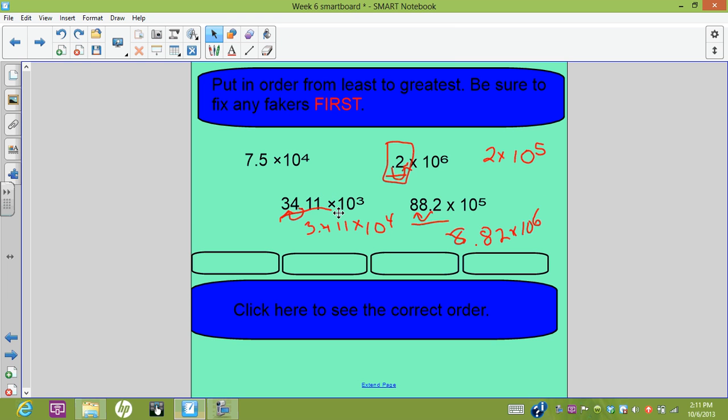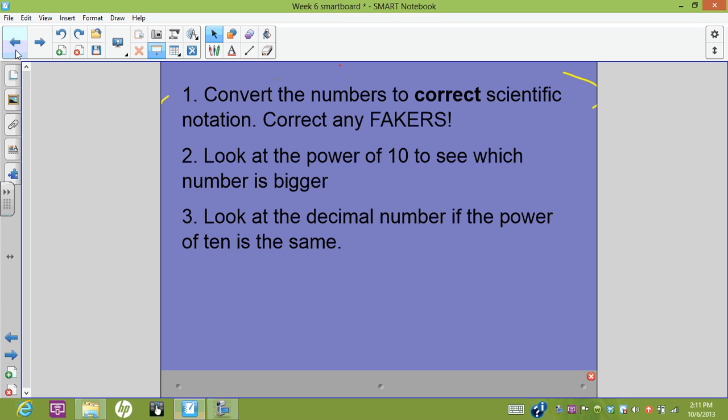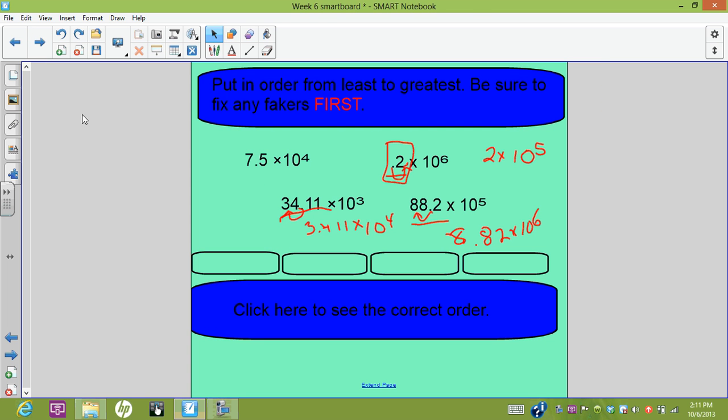So once we've gotten rid of our fakers, we can start ordering based on the power of 10. We have two powers of 10 that are to the fourth power. That's when we have to use our step number 3, where we look at the decimal number to see which one's bigger. So we have 7.5 times 10 to the fourth and 3.411 times 10 to the fourth.